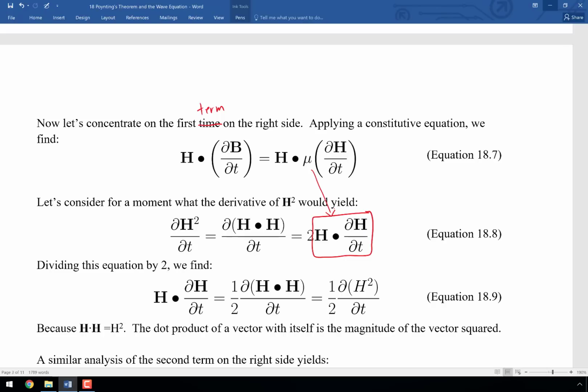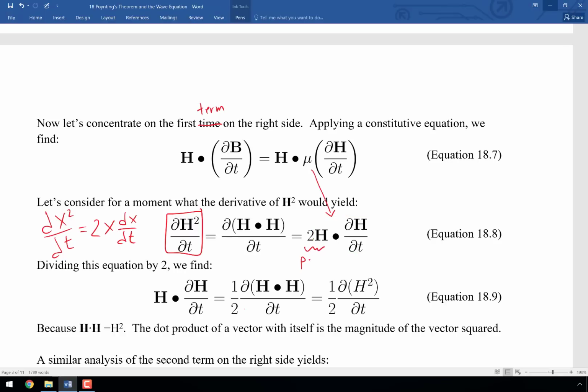But now let's come back over to here. If I start with the partial derivative of H squared with respect to t, that's the same thing as the partial derivative of H dotted with H with respect to t. But if I took the derivative of x squared with respect to t, I know that the power rule is going to give me a 2x, and then the chain rule is going to give me a dx/dt.